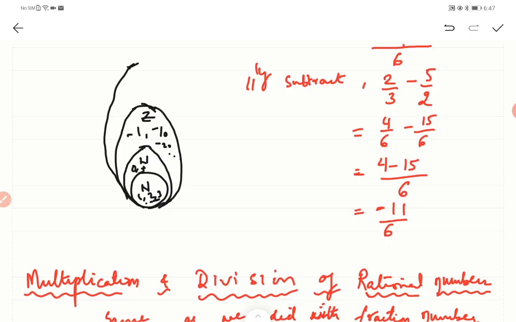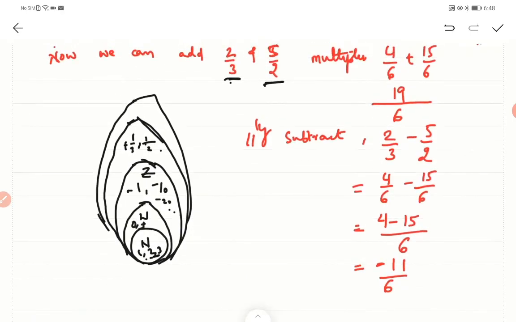Okay, so all these are subsets of each other. So fractions will be like 1 by 3, 1 by 2, and so on. The next big set of numbers included, you'll have rational numbers. So rational numbers will have negative fractions as well as positive fractions. So this is how numbers are basically divided.